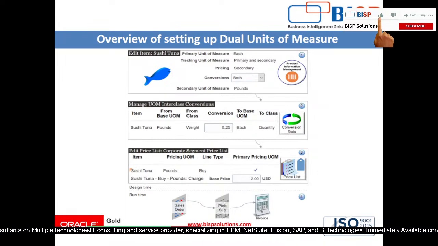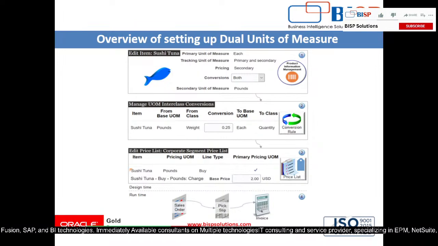So in this pricing, you can specify the unit of measure, that is weight, and you can set the pound as primary, right? You can set the primary unit of measure for pricing as pound, as weight, right? So in this way, the pricing will price it by the pound, not by the each, right?